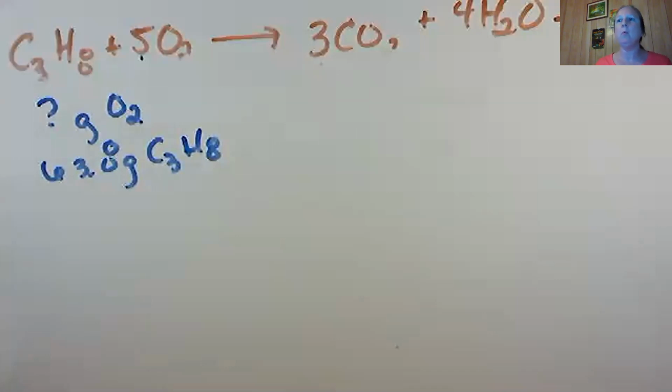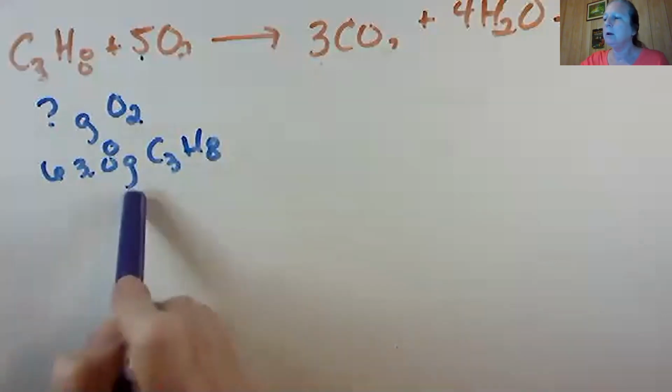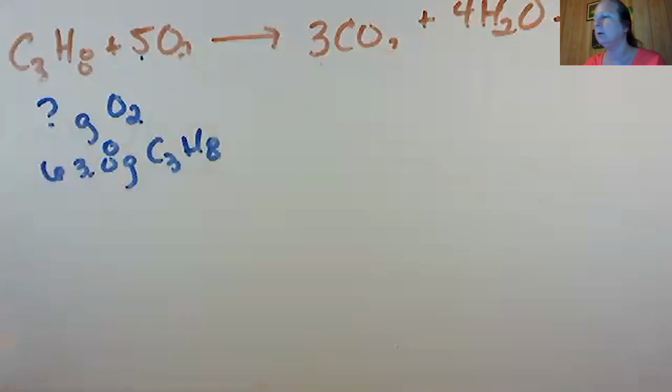Even if you don't know yet what you're going to convert, you have to convert something to moles, because you cannot do ratios with grams. You just can't. This is molar. That's why the mole is so important.